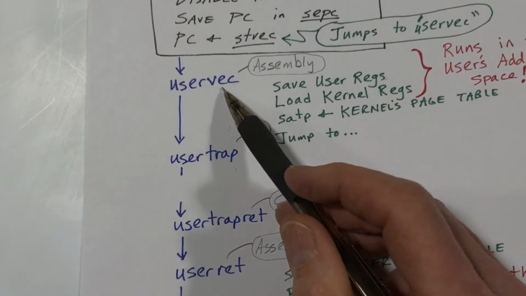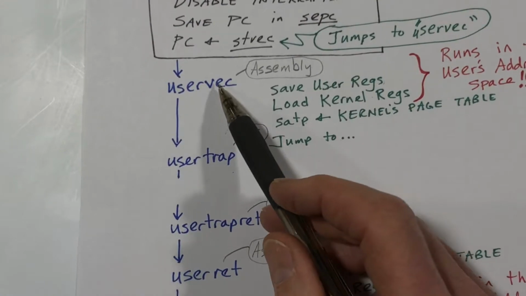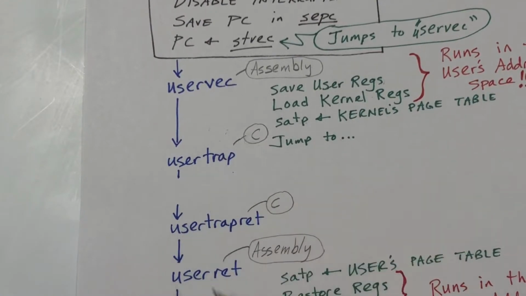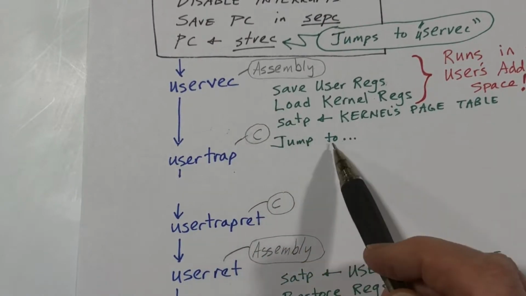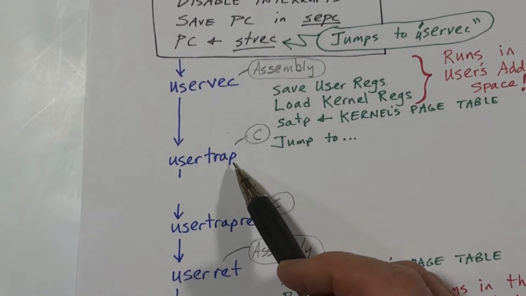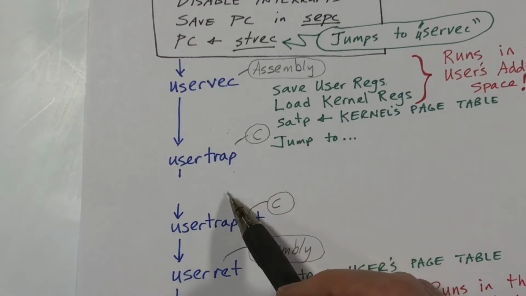Now, I said these things were functions, but not really. A function is called and then it returns, whereas with these things, there's not really a return. Uservec ends with a jump to usertrap. Usertrap is coded as a C function, but there's never any return from it.